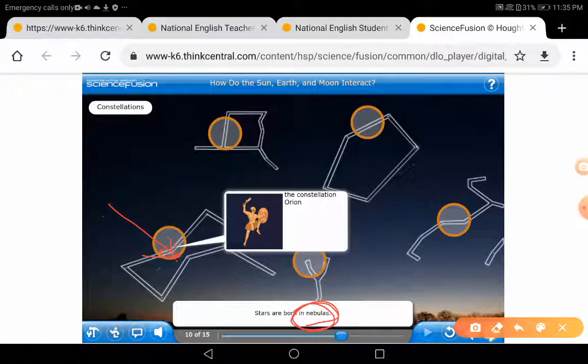They are formed in a nebula. A nebula has gases. You will learn more about nebulas in the upper grades, but keep in mind that it is not only one star that makes that shine. It could be made of many stars, like Orion.